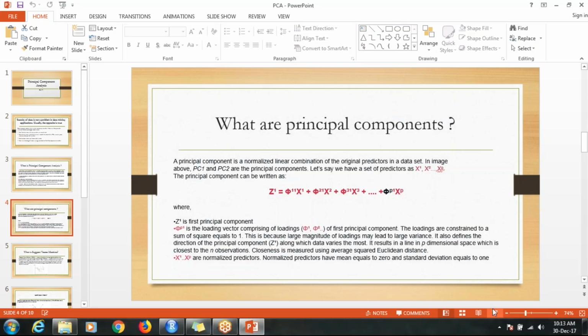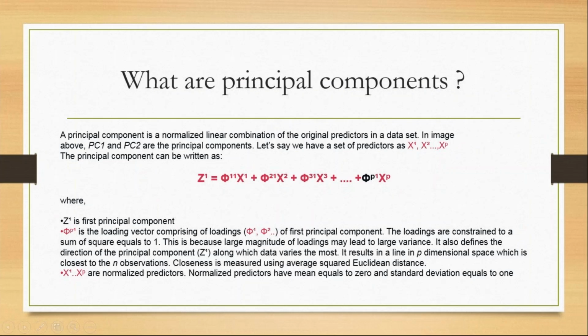If you can, try and explain to me why scaling is required in principal component analysis. When I'm making this equation for z, all of them must be in the same scale.